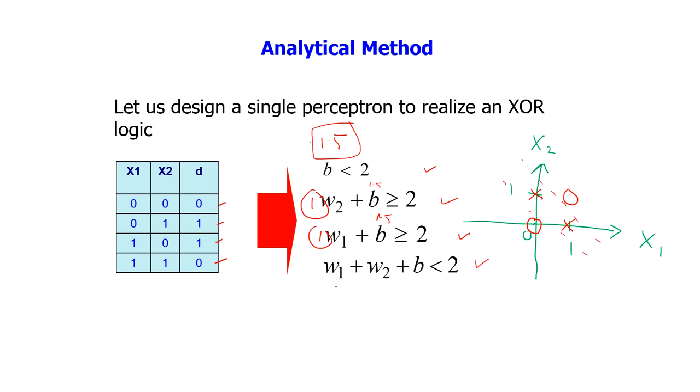Then we move on to the final constraint function, which is w1 plus w2 plus b must be less than 2. We have w1 equal to 1, w2 equal to 1, and b equal to 1.5. When we sum everything up, the value is higher than 2 instead of lower than 2.